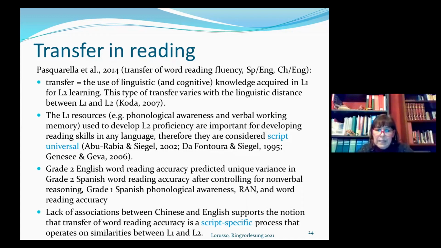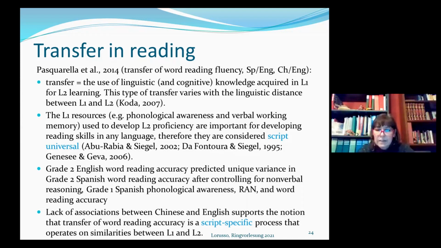And this study compares transfer of word reading fluency in two groups of bilingual children. One group speaking and learning to read Spanish and English, the other group learning to read Chinese and English.